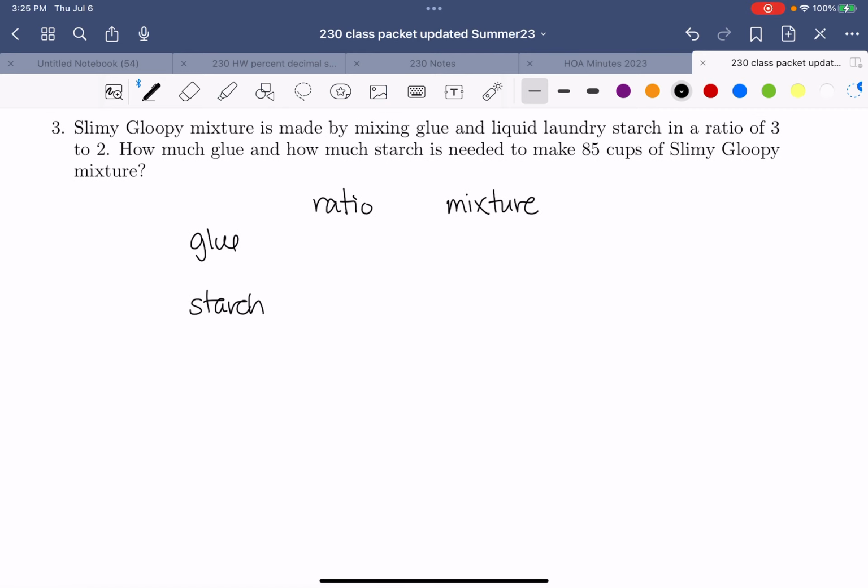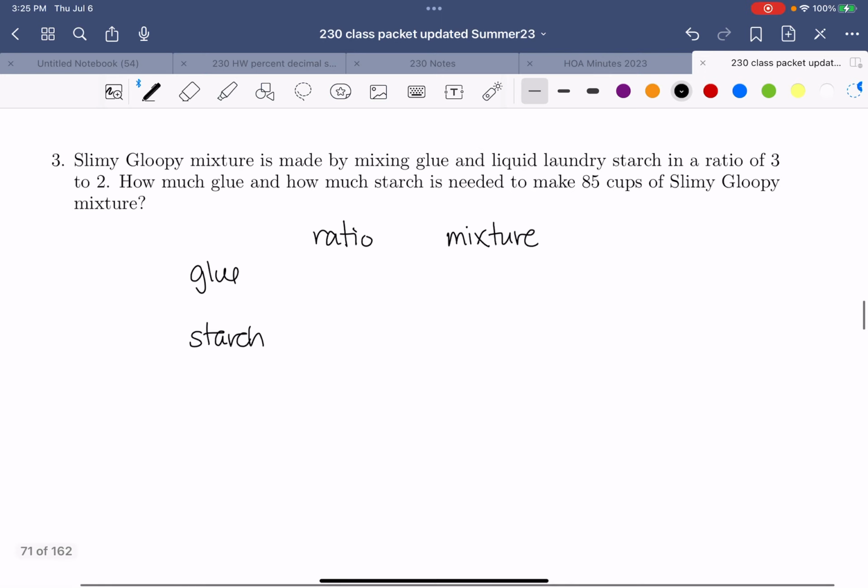Okay, now here's something that I want to point out in this one. We have the glue and the starch, and that's given in the ratio of 3:2. So let me actually fill that in. We are 3:2 glue to starch. So that means my glue is 3 and my starch is 2.